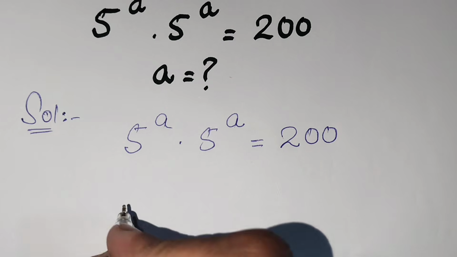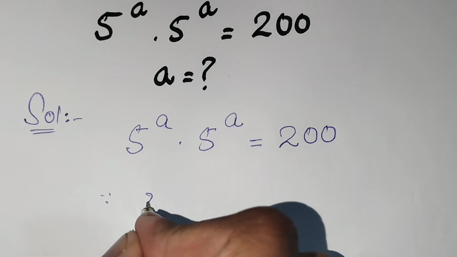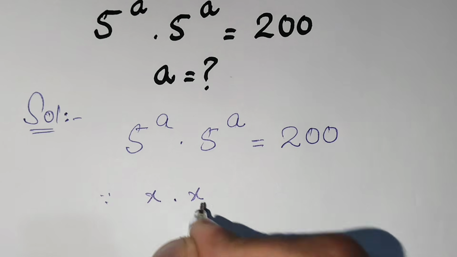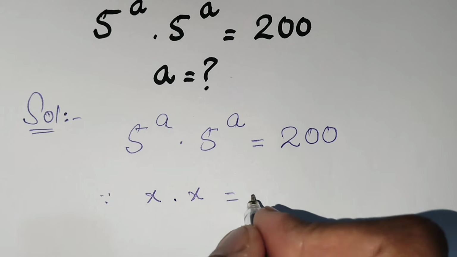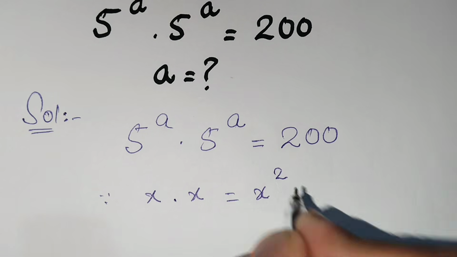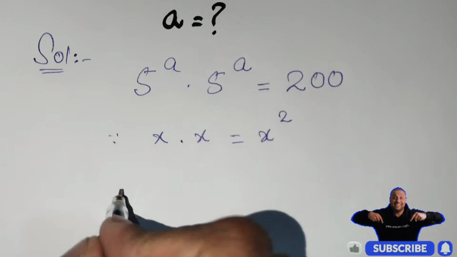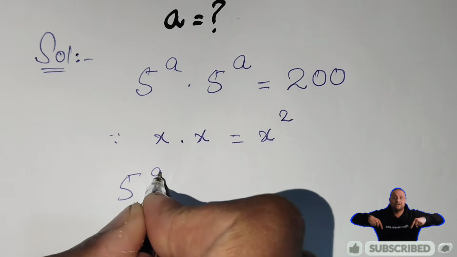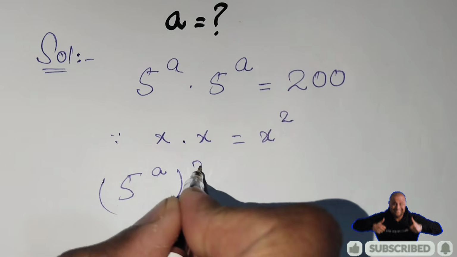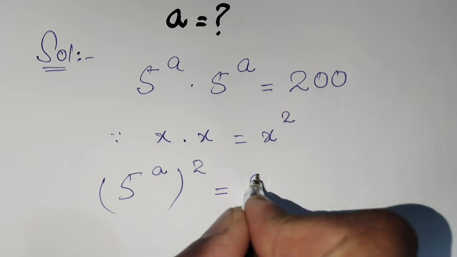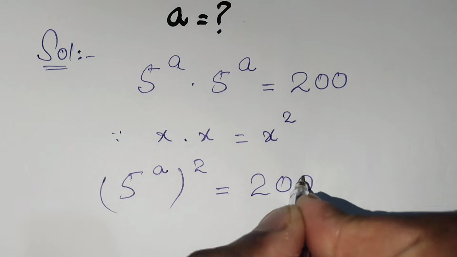Now we know that x times x is equal to x square, as the powers will add up. So it will be (5 power a) whole square is equal to 200.